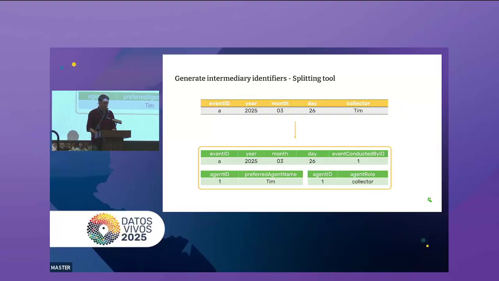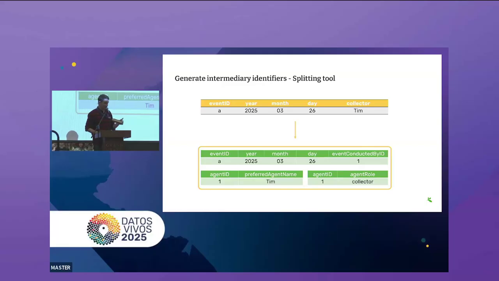And the last idea was mentioned multiple times during previous presentations: the complexity of managing identifiers. There could be many ideas, but we were thinking about something that we called a splitting tool. Let's say we have an example source data with the event ID, date, and a collector, and we would like to split that into 3 tables in Darwin Core Data Package.